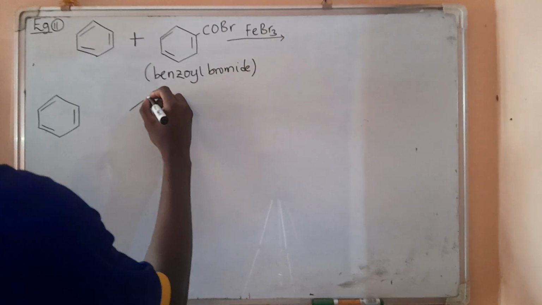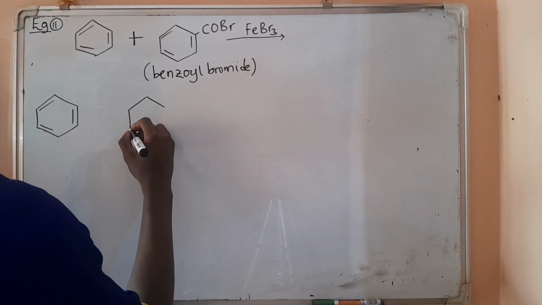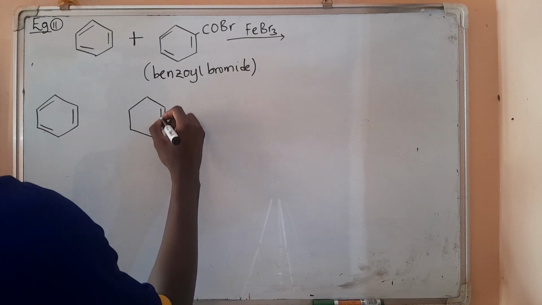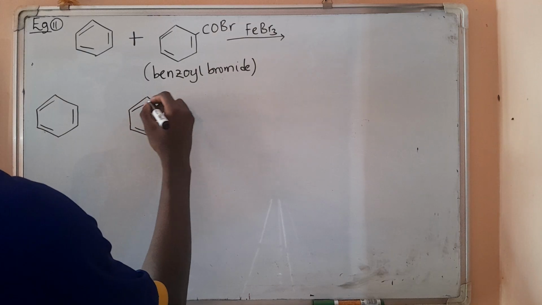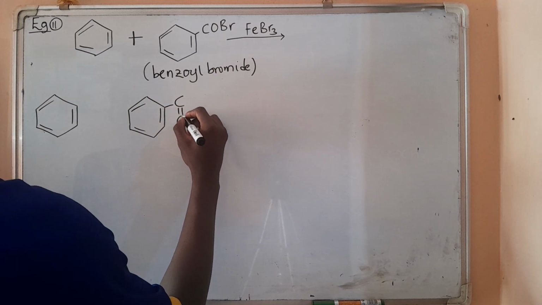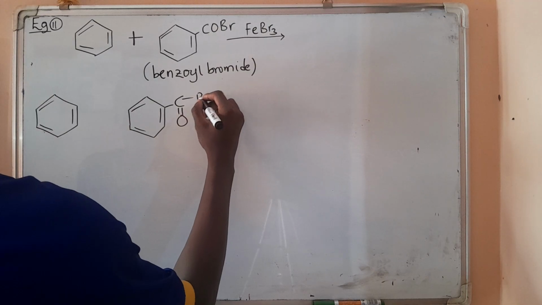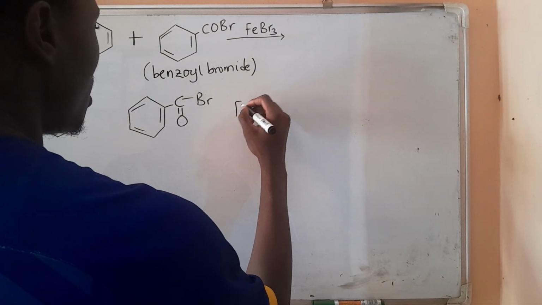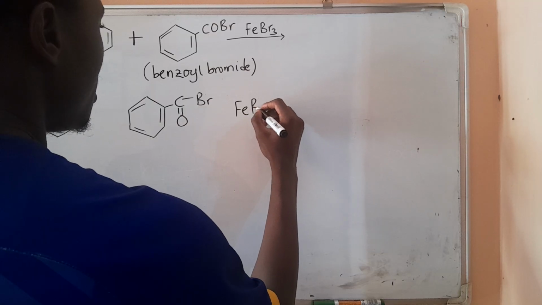So I write my benzoyl bromide in this form. This benzoyl bromide is reacting in presence of iron 3 bromide.